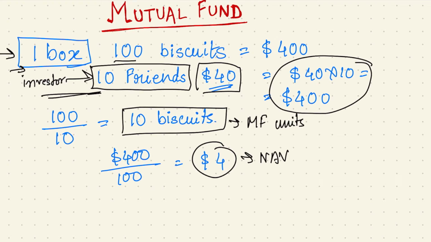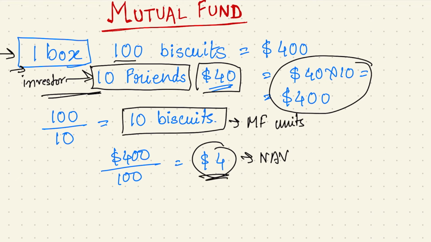This combination of holdings, whether equity, bonds or short-term debt, is going to be the portfolio of the mutual fund. And the income generated from this collective investment is distributed proportionately among the investors after they deduct the applicable expenses.